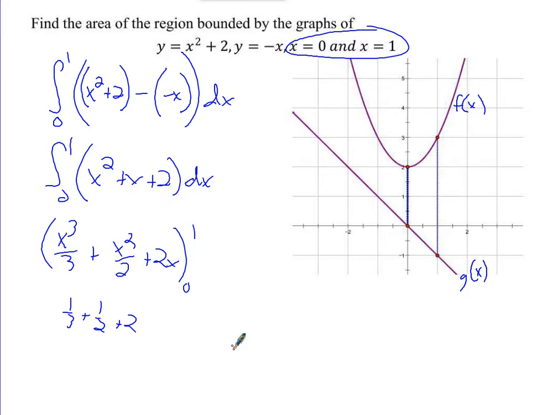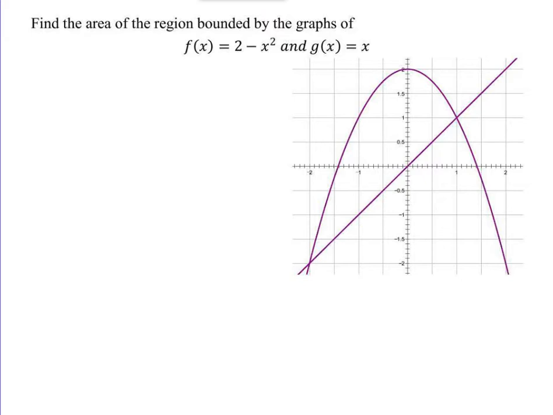Turn everything into sixths. So this is 2/6 plus 3/6 plus 12/6. So we have 17 sixths. That would be the area formed by this region right here.